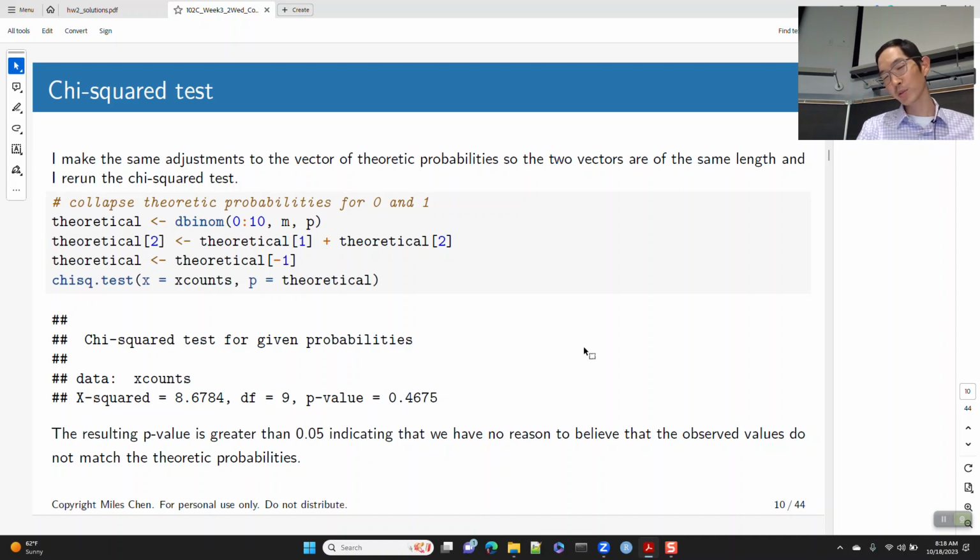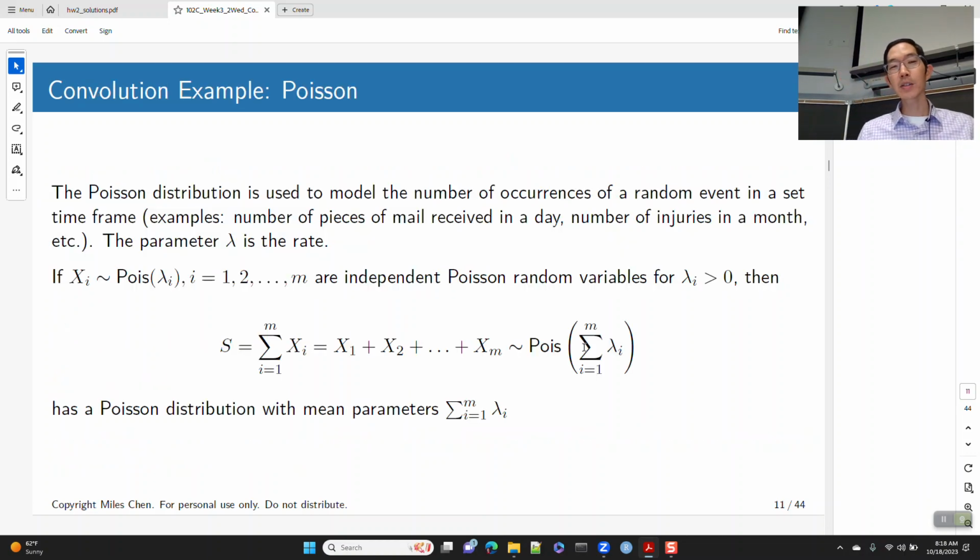So we would say this passes our statistical test here. All right, so that is using random uniform values to get Bernoullis, and then using a convolution or a sum of them to get a binomial distribution.